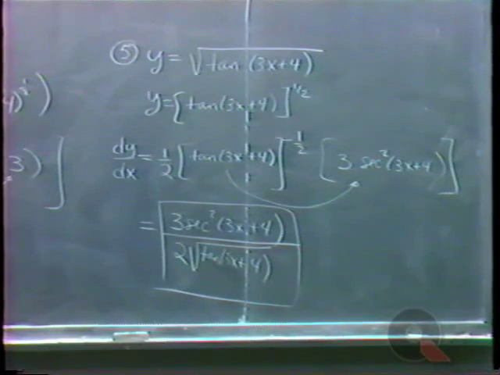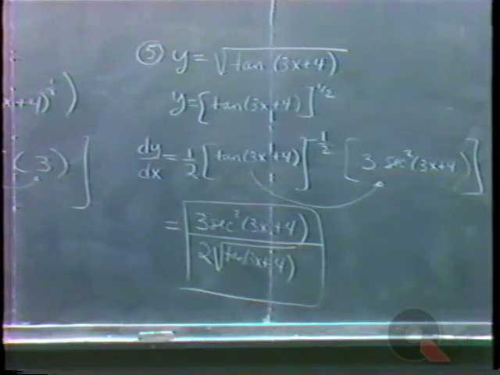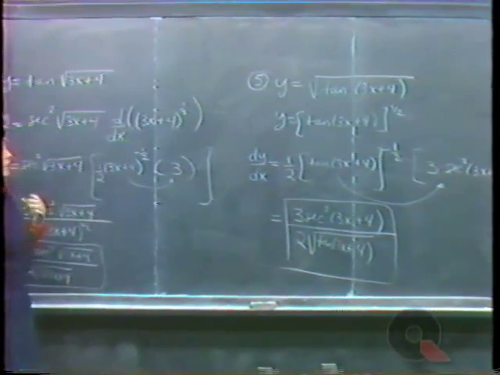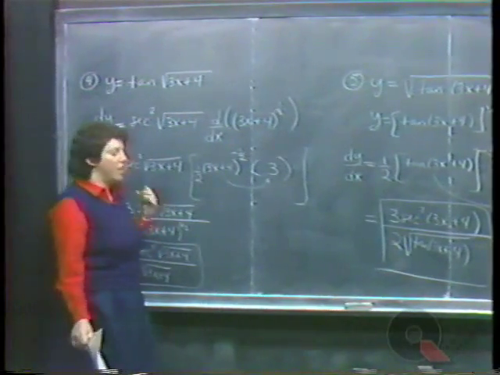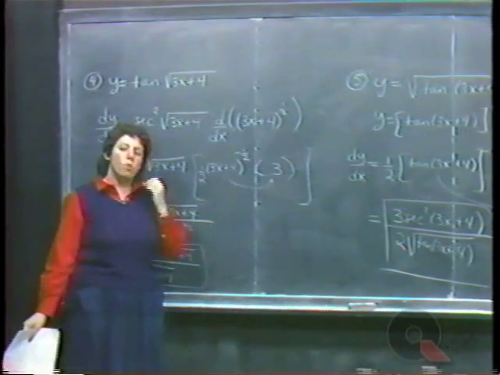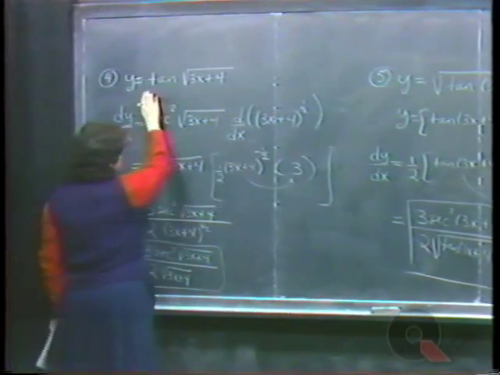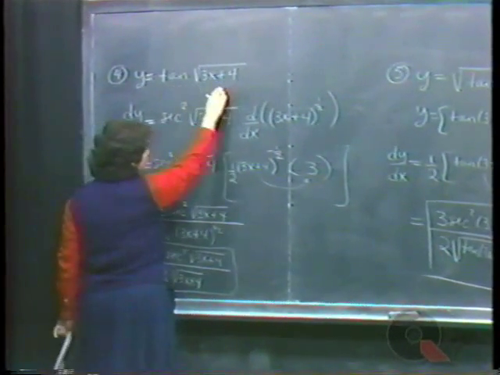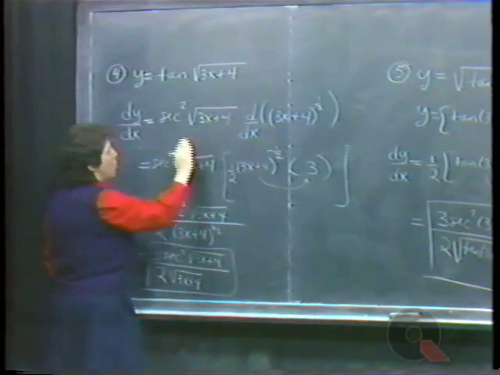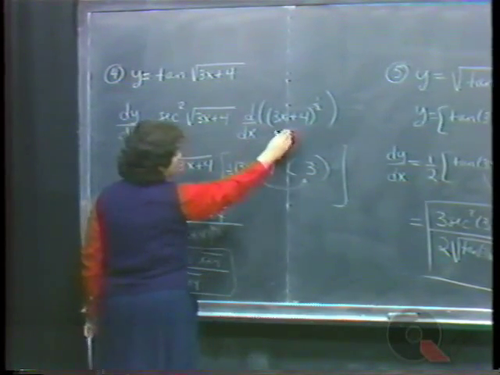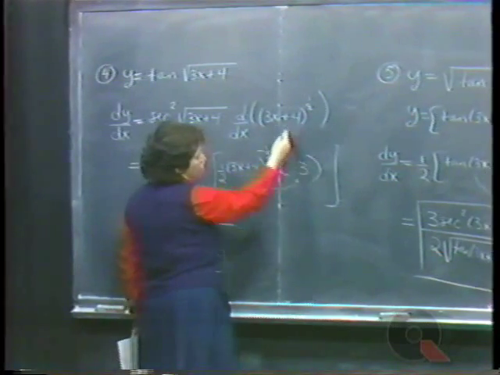Okay, let's look at these two examples one more time, because as I said, it's not enough to know the power rule and to know the rule for differentiating tangent of something. You've got to know which formula to use and when. Okay, this first example was tangent of something. Okay, and that starts by secant squared of the same something times the derivative of the something. And here's where you get your chance to use the power rule.